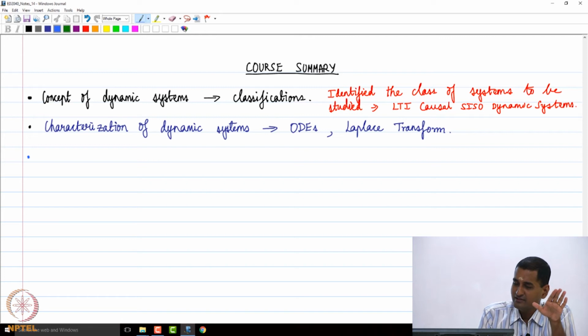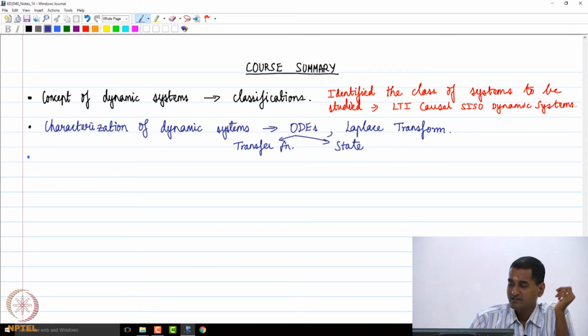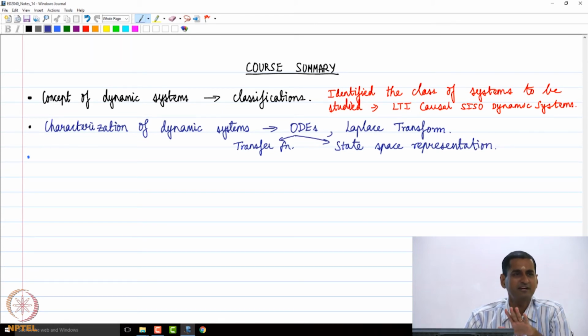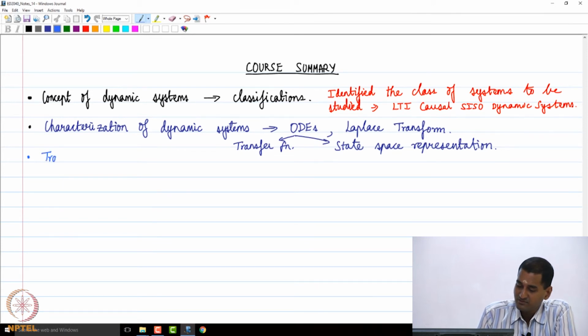Of course, this is not in the same order, but we learned how to represent the model, which is given in terms of ODEs, in two representations: the transfer function representation and the state space representation. Throughout this course we looked mainly at the transfer function representation, although we had a brief discussion on what the state space representation is, how it can be obtained, and the equivalence between the two. But we took the transfer function representation.